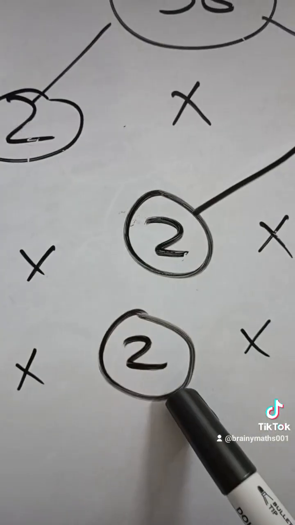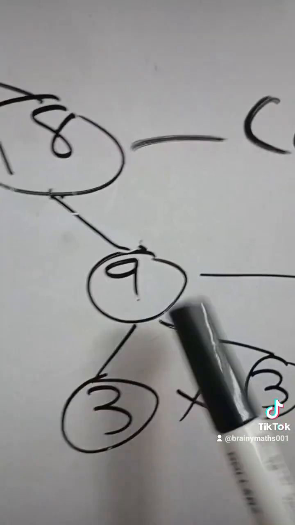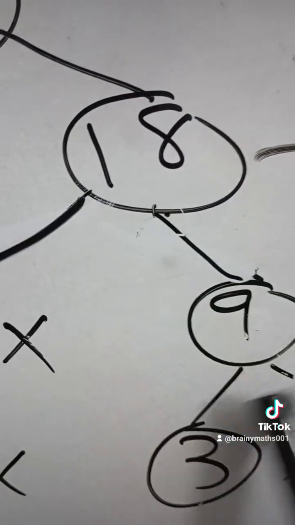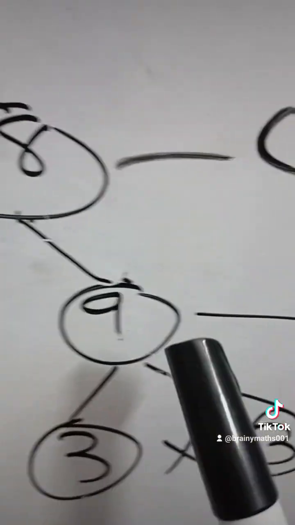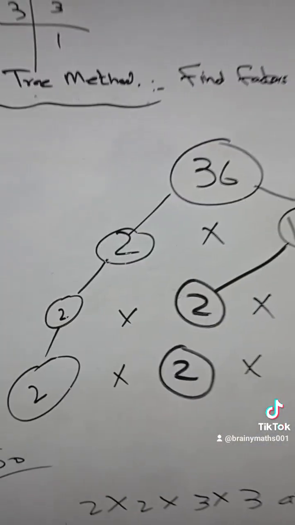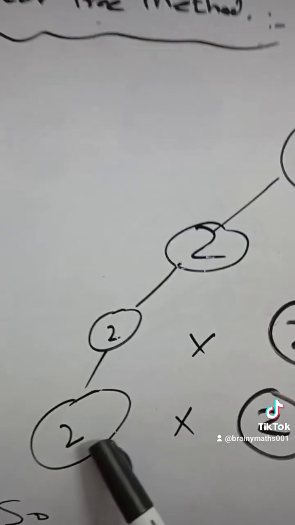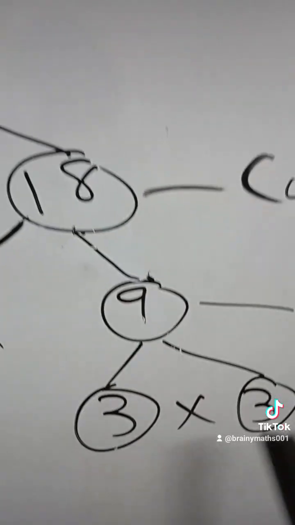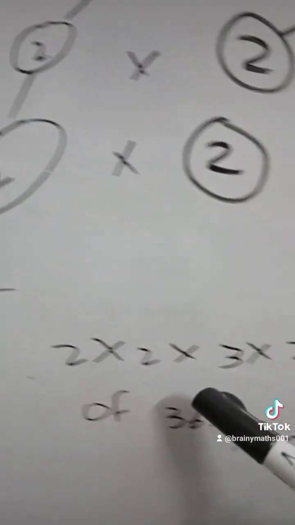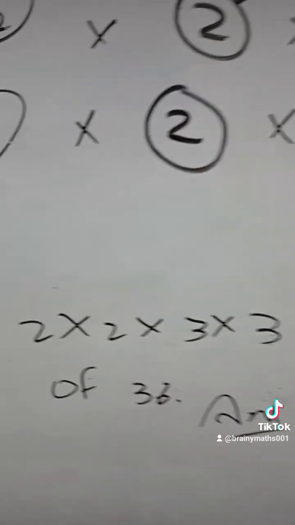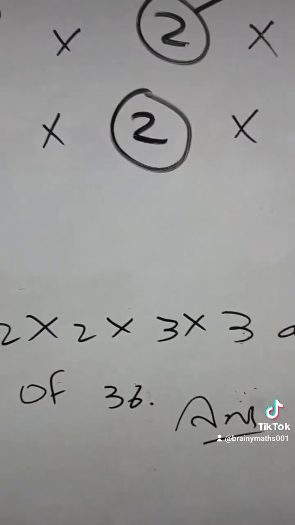Again, this 2 and this 2 will remain the same. We will solve this 9 again. 3 threes are 9. Why? Because it's an odd number, and 9 is a composite number. I hope it's clear. So what do we get in the end? 2 into 2 into 3 into 3. These are all known as prime factors. Please check it out. Both have the same answers.